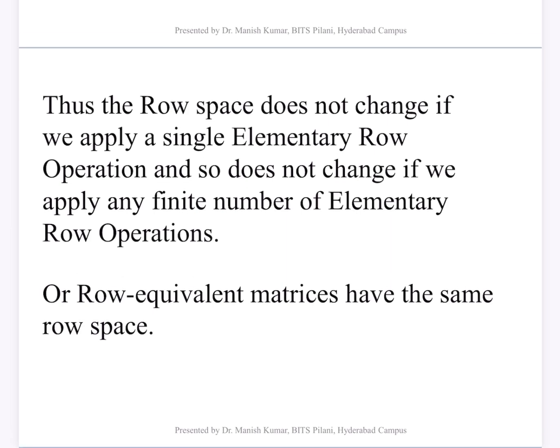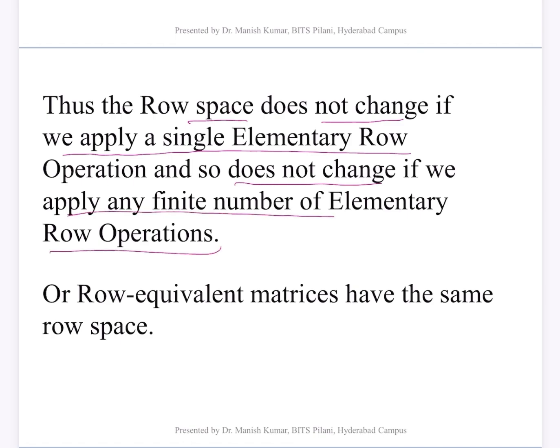Now, thus the row space does not change if we apply a single elementary row operation, right? As we have seen, a single elementary row operation we have applied in each of three different cases, but the row space does not change, right? And so it does not change if we apply any finite number of elementary row operations also, right?